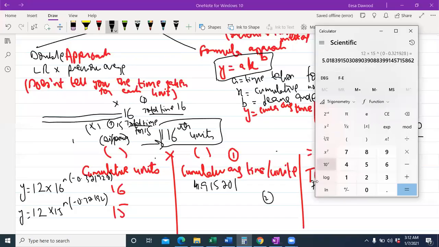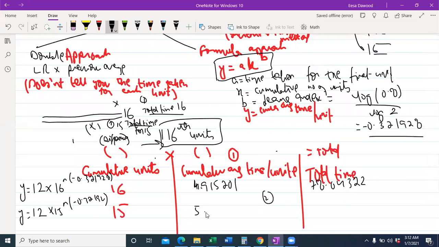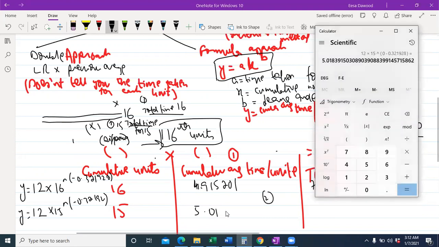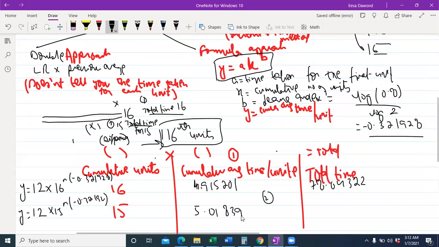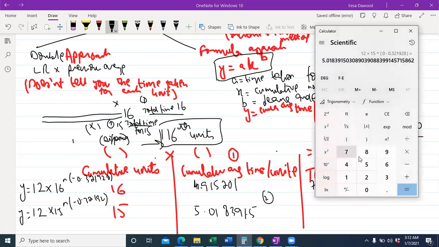So this is the cumulative time per unit for 15 units. It is 5.0183915. Whatever is there in the calculator, I just multiply it with 15. This will give me the total time for 15 units, and it is 75.27587.